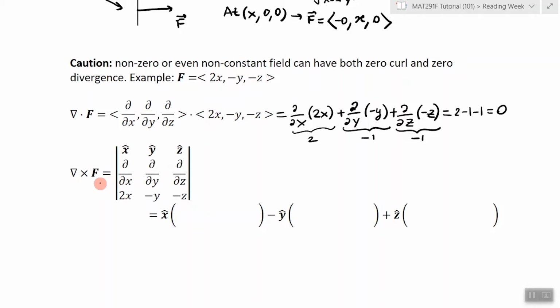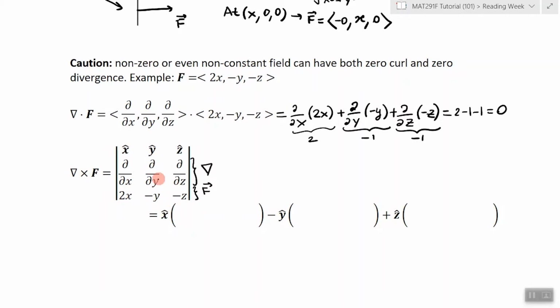But let me show you the calculation. Curl is sort of a cross product with the del operator. You can see it's right here. So this part is the del operator, and this part is the vector field F. And then we take this determinant just as we usually take a cross product.